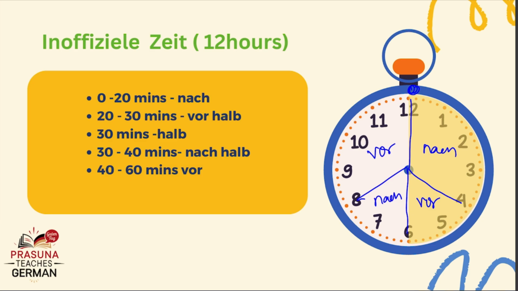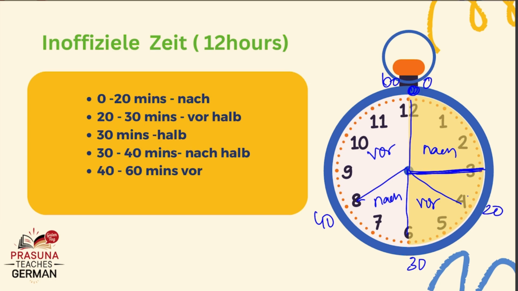So 0 to 20 minutes nach, 20 to 30 minutes vor, 30 to 40 minutes nach, 40 to 60 minutes vor. As we know, this is 1/4 of the clock. The 1/4 in German is called viertel, and this is also 1/4 of the clock, also called viertel, and exactly half is called halb.